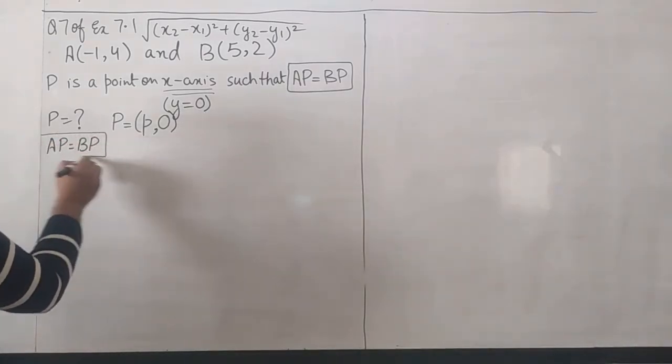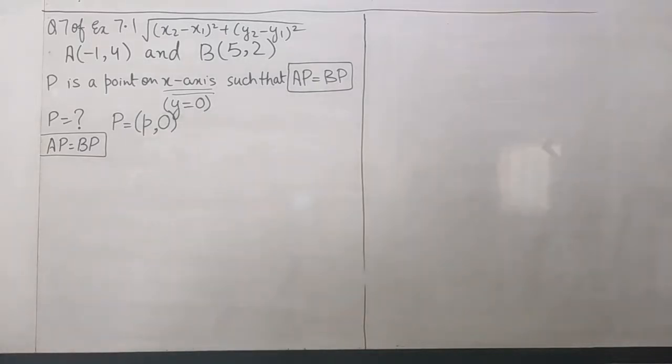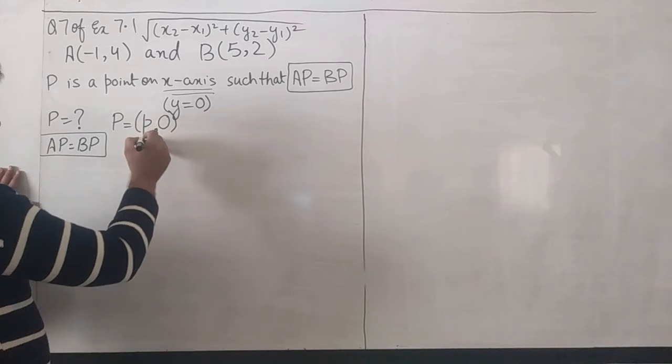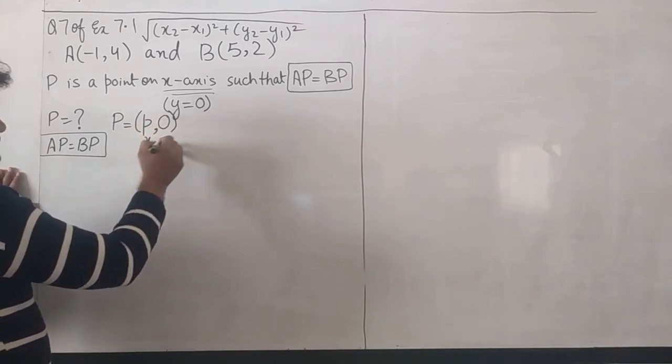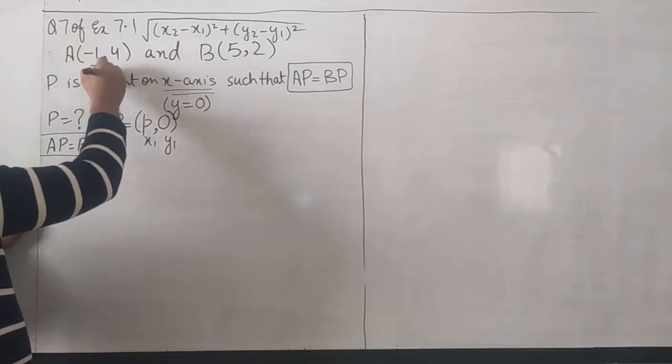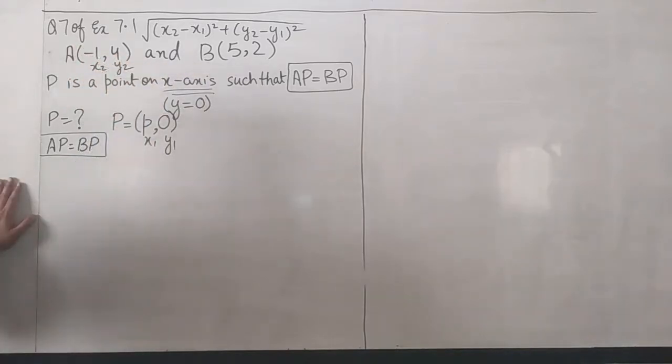First of all, for AP, I take P as (x1, y1) and A as (x2, y2).